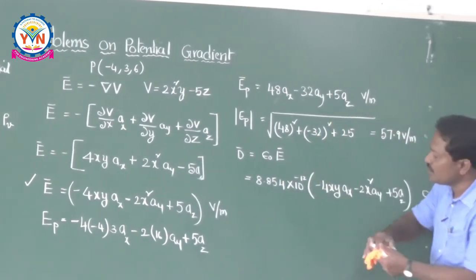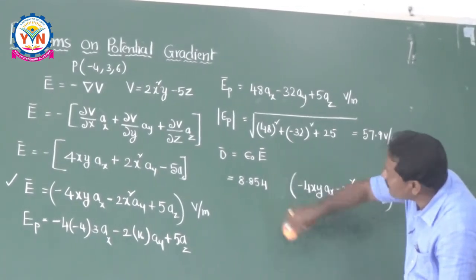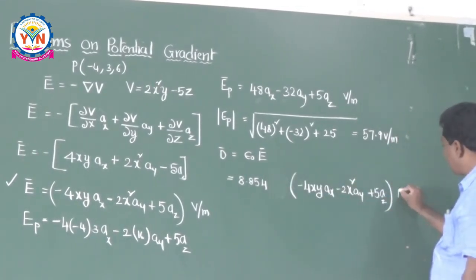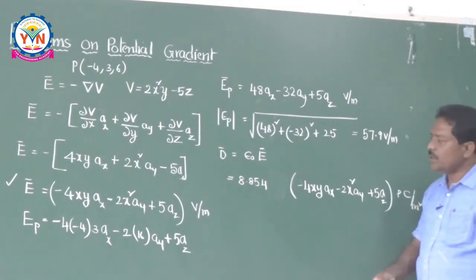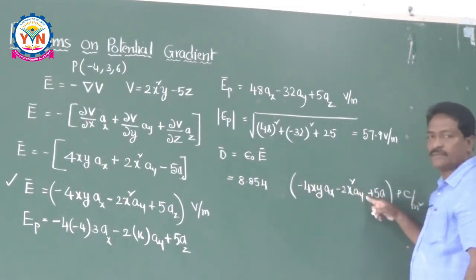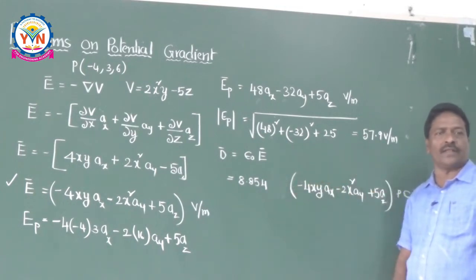But if you remove this 10 to the power of minus 12, I can write pico coulombs per meter square, since 10 to the power of minus 12 is nothing but pico. So if you do these calculations, you are going to get your D bar here.